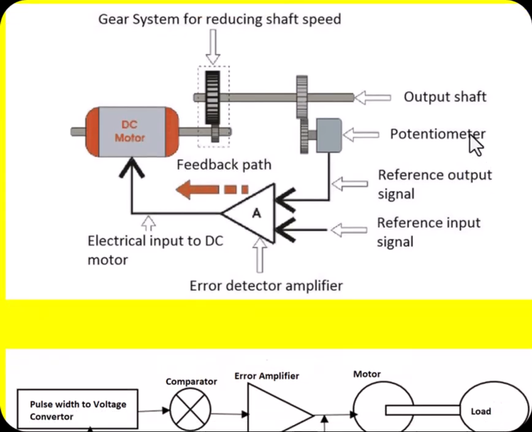The potentiometer output is treated as the feedback signal, and that is fed as input to the error detector amplifier, and there is an input signal always present, that is also called the target input signal.